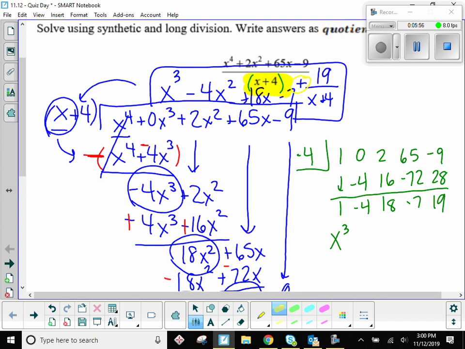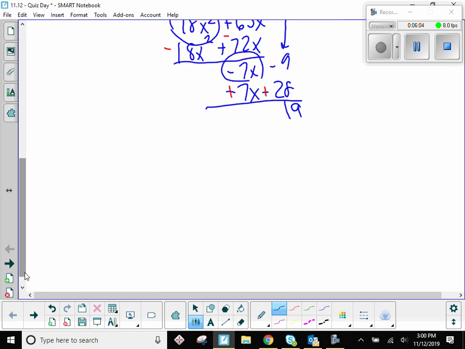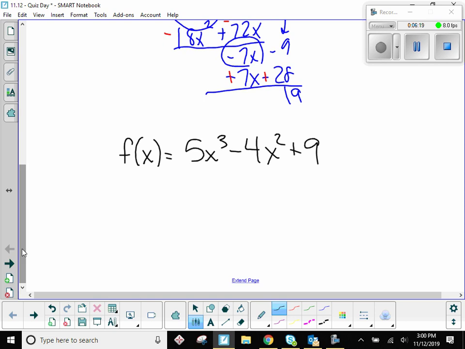And then the last thing I want to remind you about is the remainder theorem. That was what we did last Friday. We started out that lesson by talking about if you had some function given to you like this, and I said find f of 5, we would normally plug the 5 in for the x's, do the math, and then we'd get our answer.